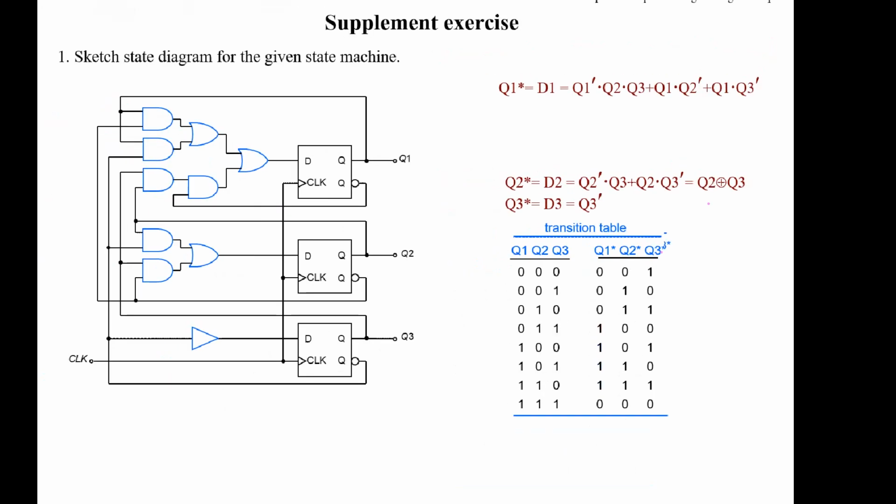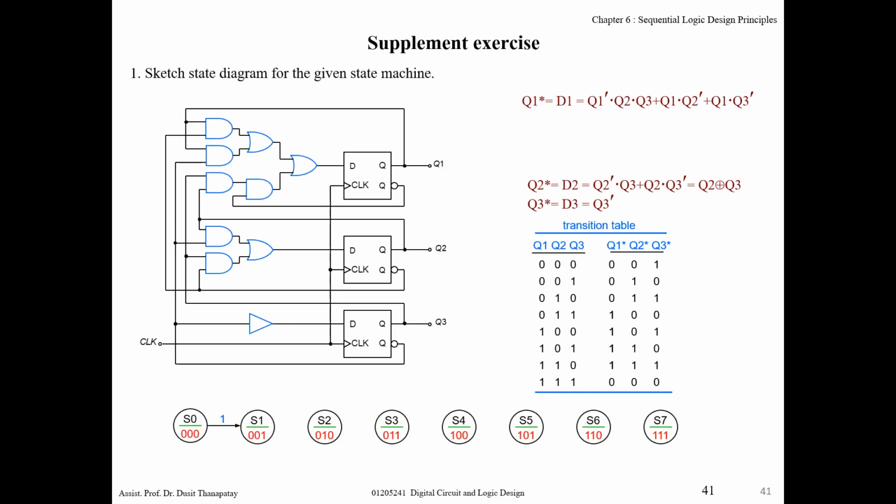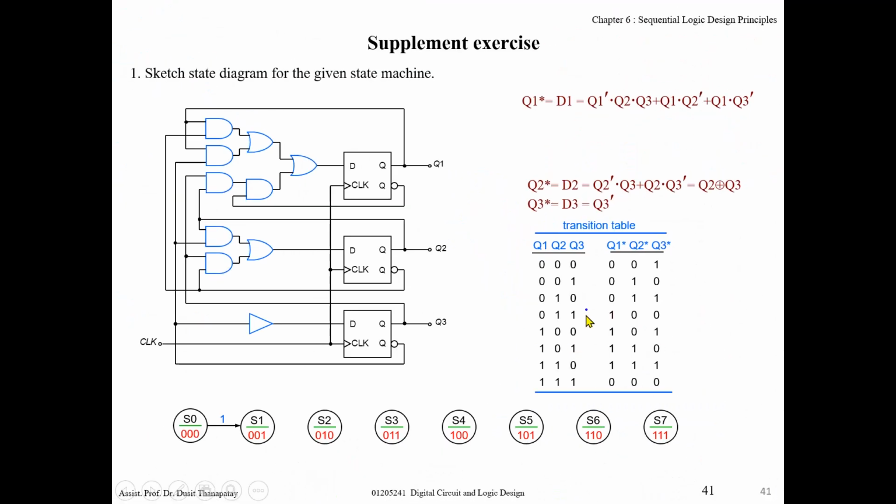After that, you can write down the state. In this case, I name this state as S0, S1, S2, and so on until S7, state 7. And then you see that the current state is 0, when clock ticks, we change to 001, right?